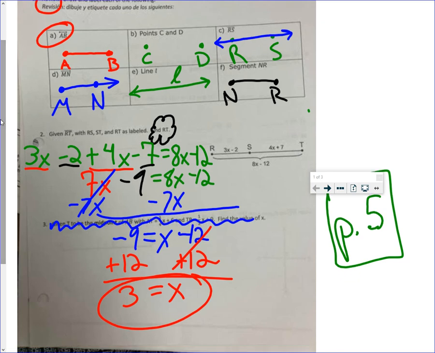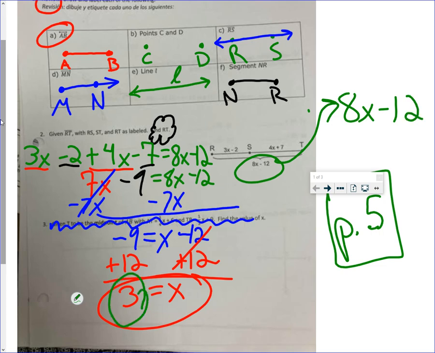I put a cloud around RT, so I have to take the 3 and plug it in for x in the RT. So RT we said was 8x minus 12. And we're going to plug in that 3 because 3 equals x. Anytime you plug something in, you need parentheses.